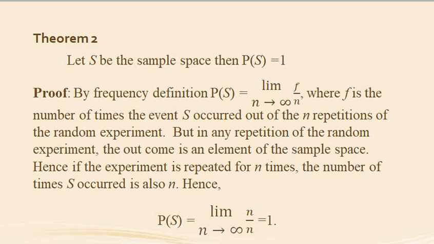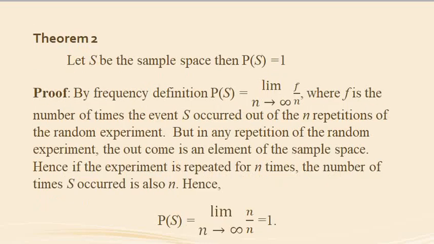That is, if we repeat the experiment n times, then S occurs n times. So P of S can be written as the limit as n tends to infinity of n by n, that is equal to 1. So the theorem is proved.